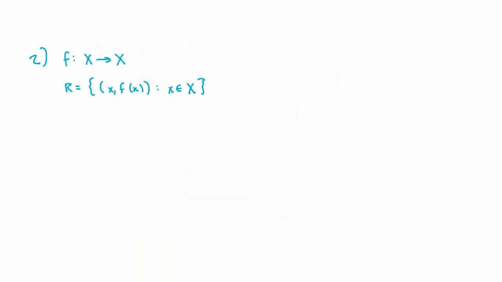Now let's consider the graph of a function f from X to X, which remember was defined to be the relation R consisting of the collection of all ordered pairs of the form x, f of x, where x is an element of X. In order to be reflexive, this relation would have to contain all points of the form x, x.